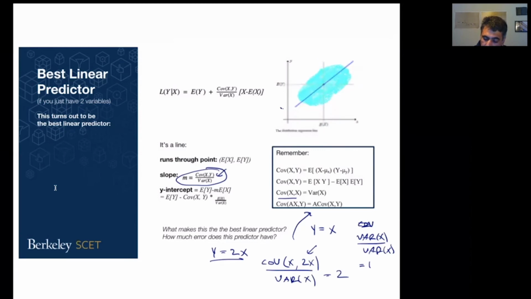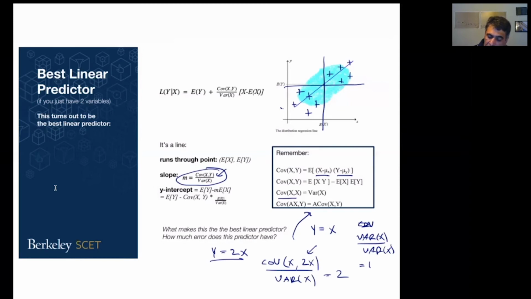So if you divide this into the quadrants, all the points that are here and all the points in this quadrant are going to give you positive values. So you see what's going on is that you're really taking the average of x minus its mean times y minus its mean.